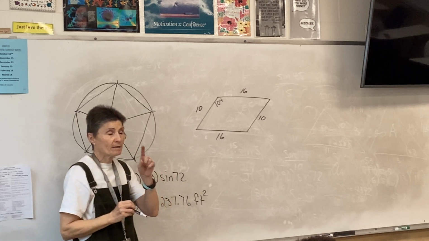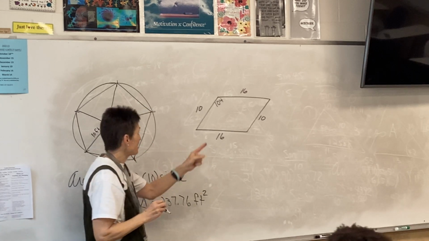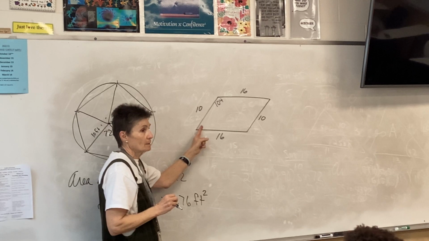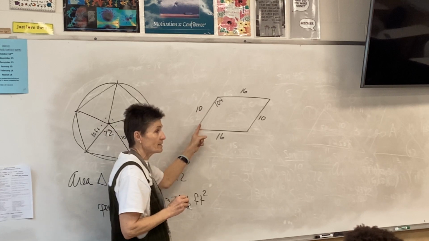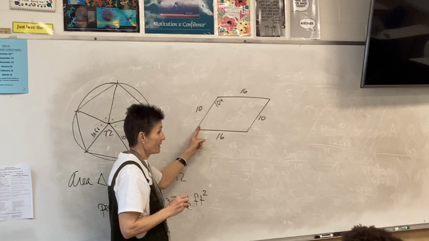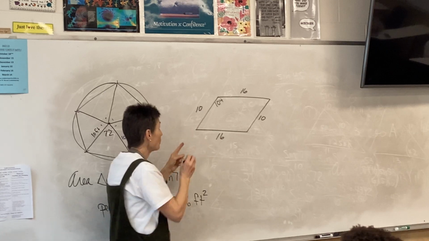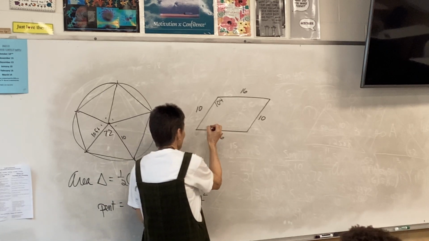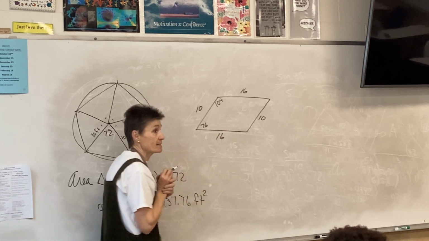Who remembers what that tells me about the little one? What's the relationship between these two? They add up to 180. So I don't know if I'll need it or not, but I'm going to write it down. That little one's 76.